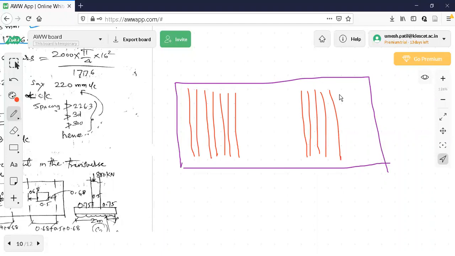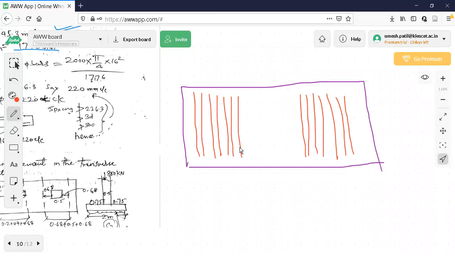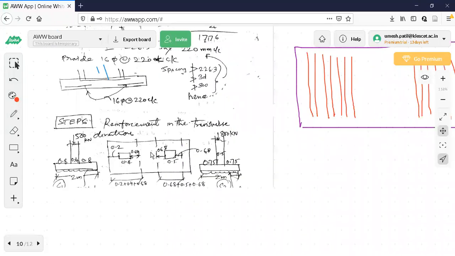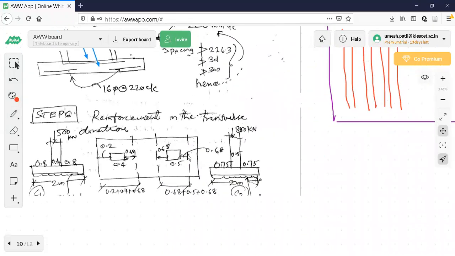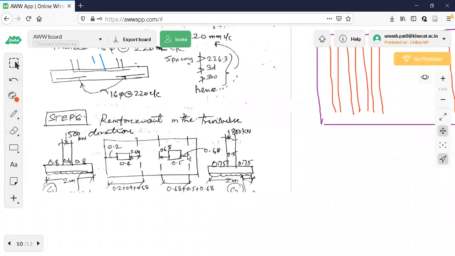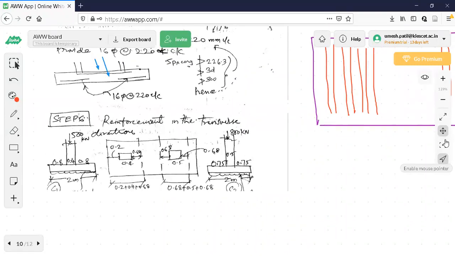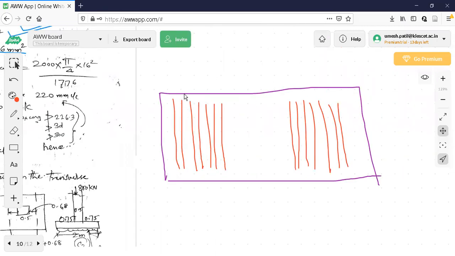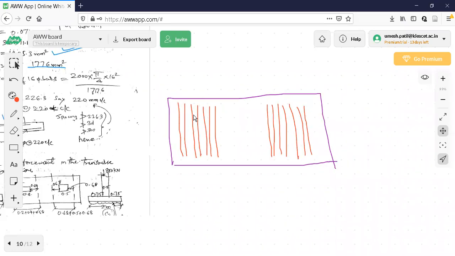How to provide this steel, how to calculate, what is the spacing and diameter, and why it is necessary. This is what step number 6 is all about, reinforcement in the transverse direction. I am providing the steel in this direction, so this is the transverse direction. Why this is required and how to find it.